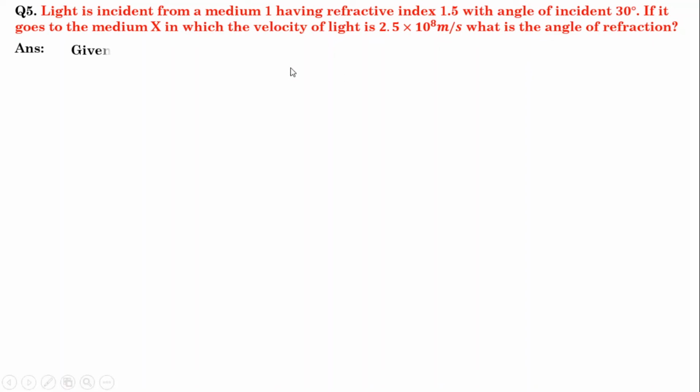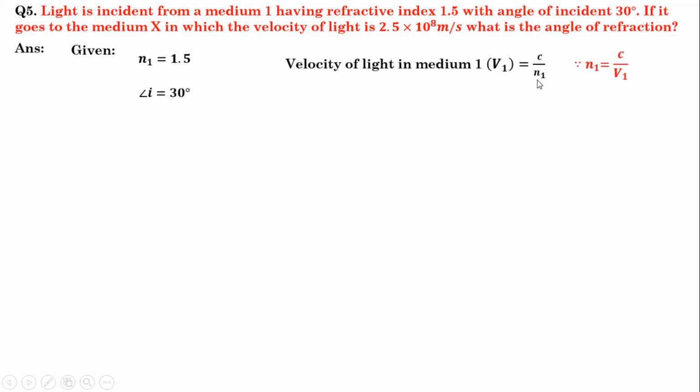First, the refractive index of medium 1 is given as 1.5. The velocity of light in medium 1, v1, is equal to c by n1. How? Because we know that n1 is equal to c upon v1. This is the formula for refractive index, or we can say absolute refractive index.